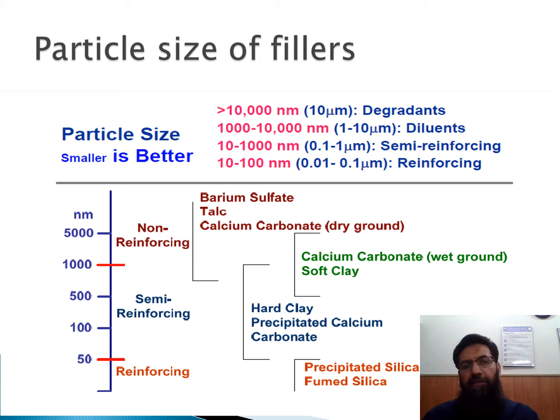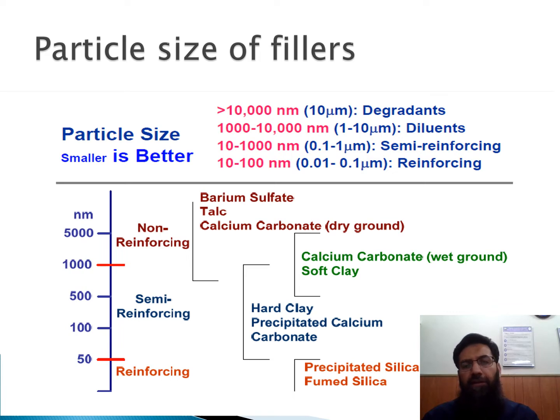The fillers which are in the nanometer sizes, from 0 to 100 nanometers, are mainly classified as reinforcing fillers. Silica and carbon black are the two main fillers used in our local automotive industry as nano-fillers, whereas precipitated calcium carbonate and kaolin clays are the semi-reinforcing fillers used in our local automotive part manufacturing industry.